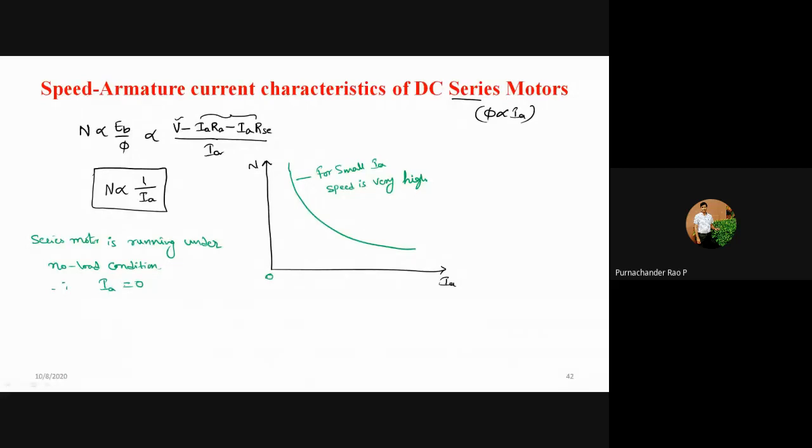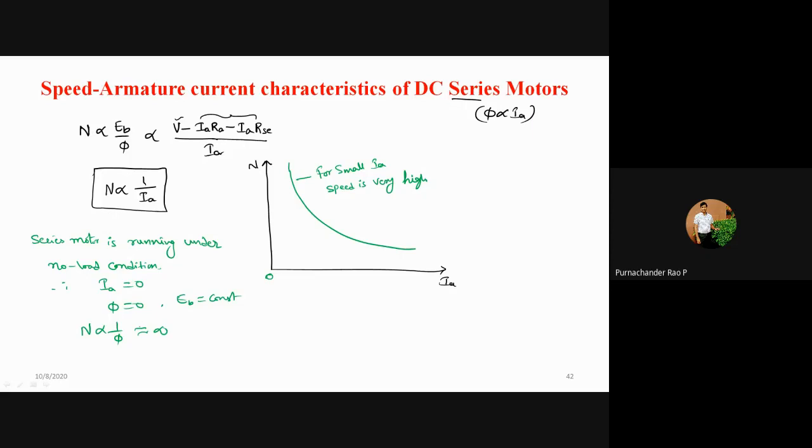As IA is 0, your flux is also 0, and your back EMF is almost constant, because under no load condition the speed is almost constant. Therefore, as per the relation, N is inversely proportional to phi. As phi is 0, the speed is almost equal to infinity.